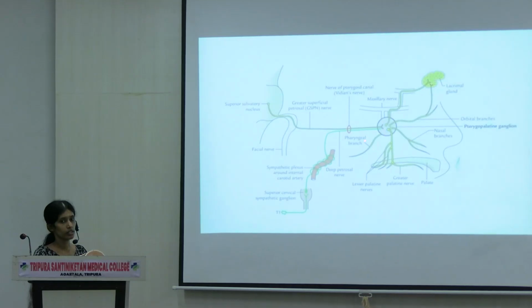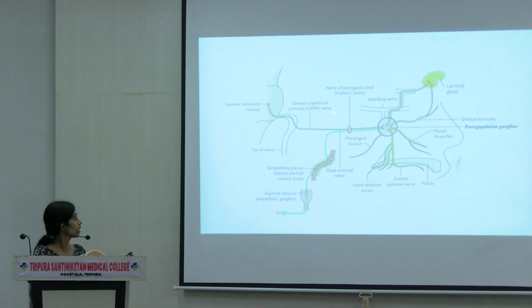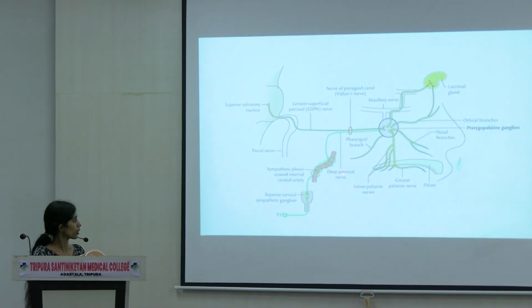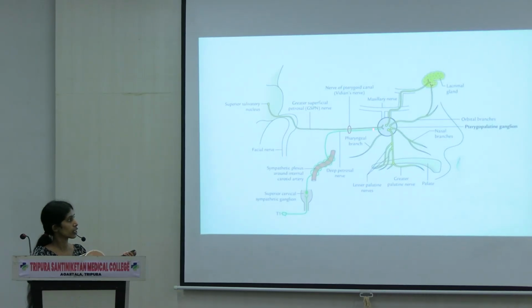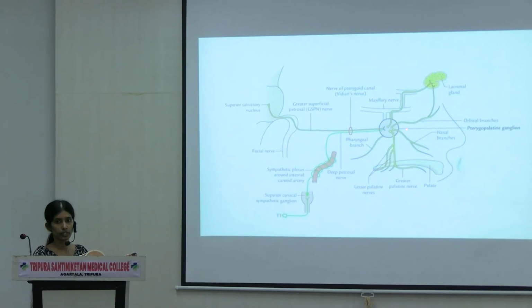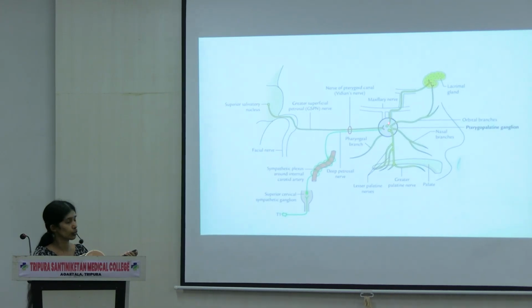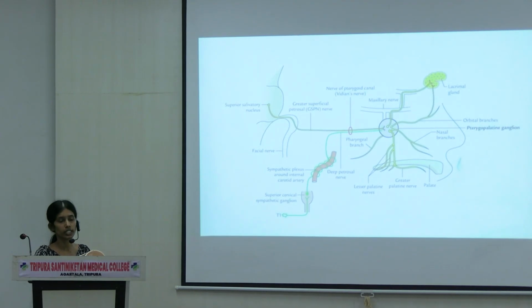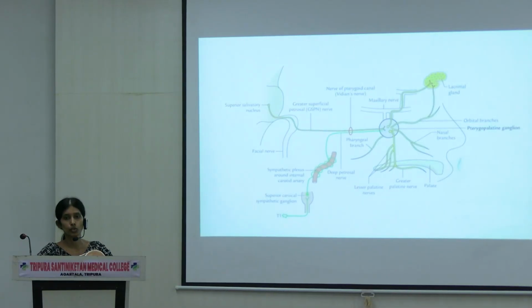And one more branch that is called deep petrosal nerve, from the neck region, is entering into your pterygopalatine ganglion part. And one more important point you have to remember is your pterygopalatine ganglion is suspended by your maxillary nerve through two roots. These are a few important and basic points you should remember.